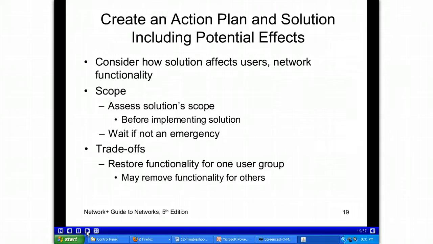So, trade-offs on an action plan, including potential effects: restoring functionality for one user group may remove functionality for others. This is a real danger. If you fix something for one group that they want fixed, for whatever purpose or reason, without knowing how that affects the total group or entity of your business, I've seen it happen before where a ticket will come in from one department that they have to have now for whatever report or procedure.